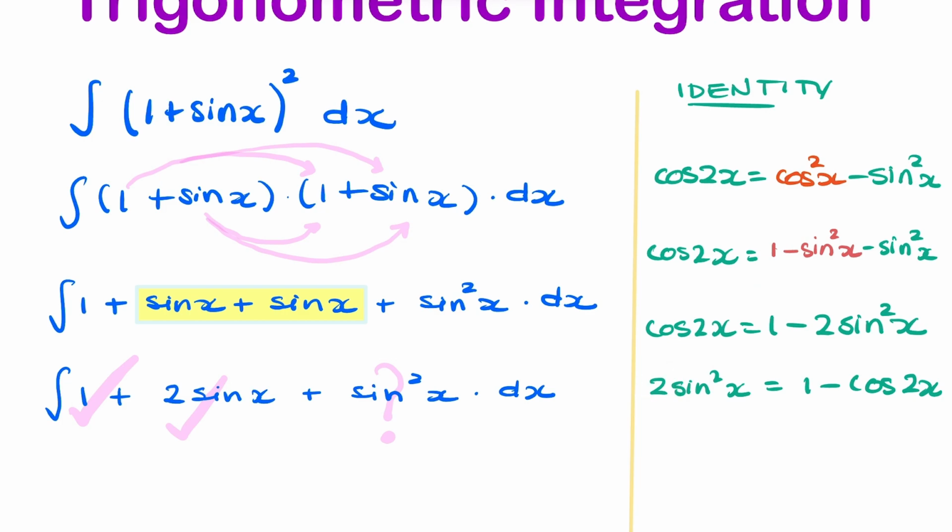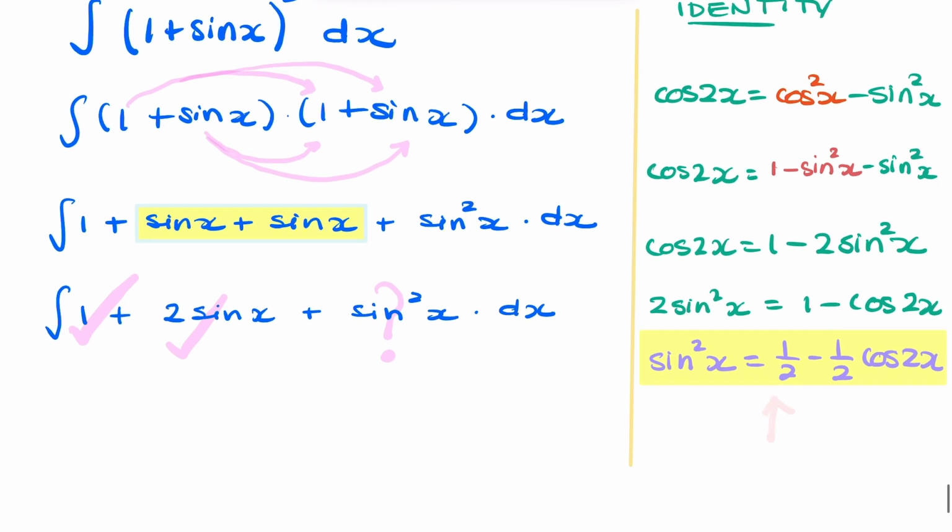So that's going to give me sine squared x equals half minus half cosine 2x. And that's the identity I need. So this is what I'm going to use to replace my sine squared. This identity is not given in the exam. You need to either remember it or derive it.